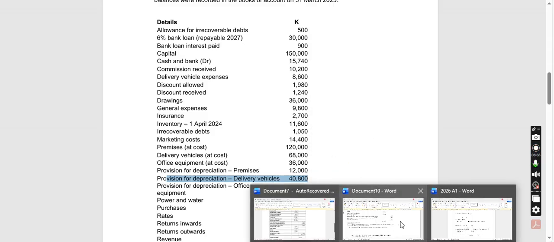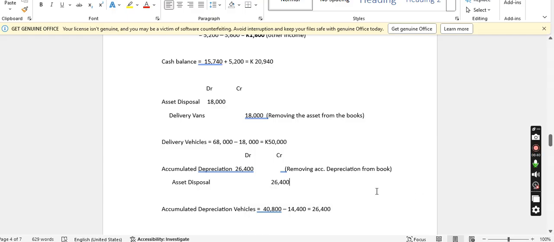So we need to debit accumulated depreciation, 14,400. By debiting accumulated depreciation, it means we're removing it from our books, and then we credit asset disposal 14,400. So this debit entry here is being represented by this tabulation here.